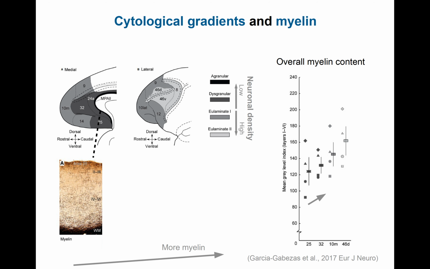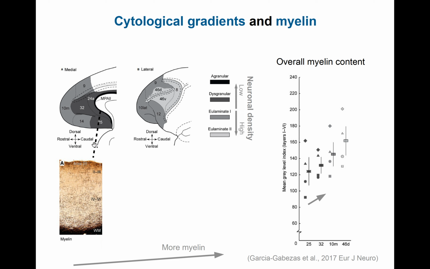What could be the ramifications of such species-specific relations of cytology and connectivity? To this end, we build on observations in the macaque monkey, and these observations relate the cytological status of areas, specifically the prefrontal cortex of the monkey that ranges from low to high density areas. And the study relates these neural density variations to myelin content of areas.